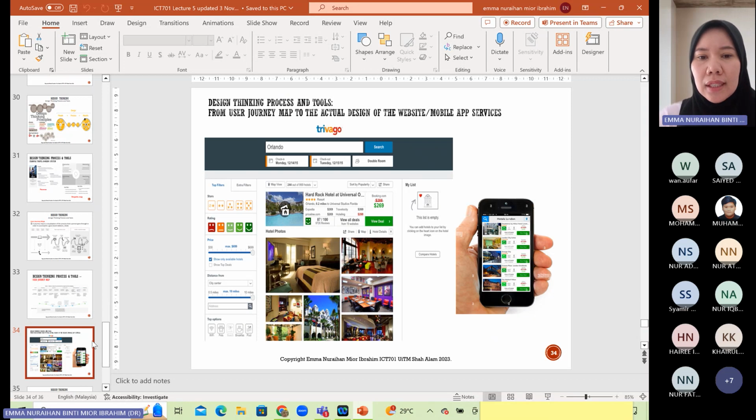The design is not just a website experience, you also have an app experience. And all these designs go back to the persona and requirements. Previously, in SDLC, we didn't do user persona, empathy map, or user journey map.